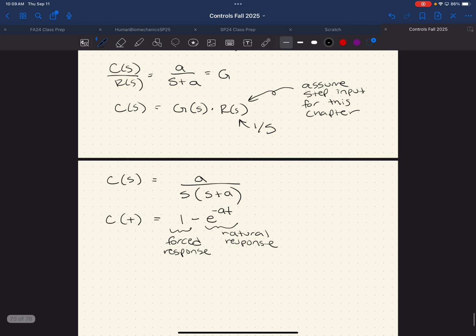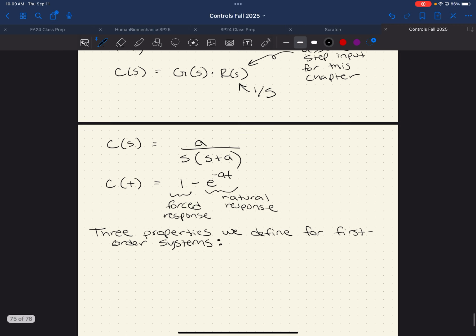And there are 3 properties that we will define for these types of systems. We already said one of them. What was it? Time constant.